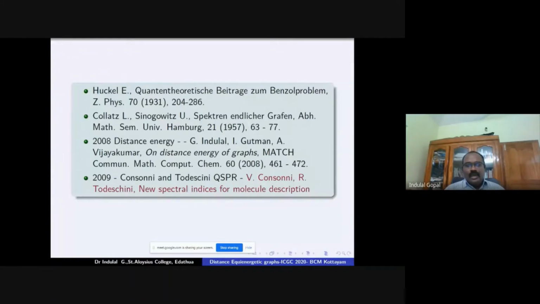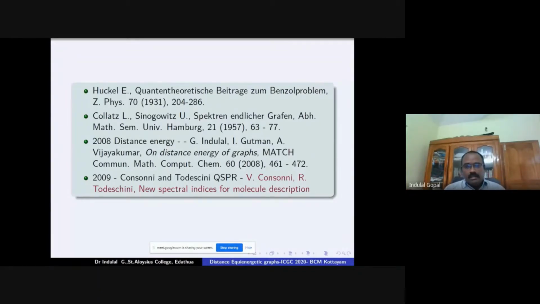And in 2008, this notion was extended to distance energy, a concept concentrating on the graph structure in more detail than the mere adjacency matrix. We expected that the distance energy may be a graph invariant in the class of non-co-spectral graphs. On the contrary, we were able to produce several classes of non-co-spectral, non-isomorphic graphs with equal distance energy.